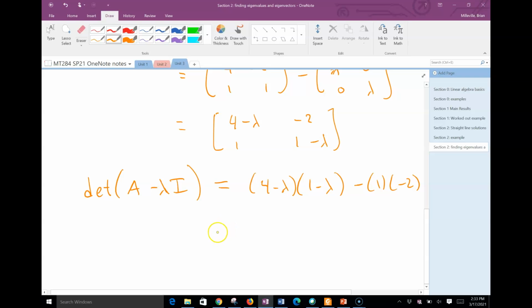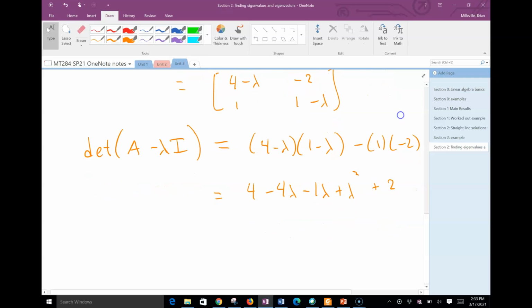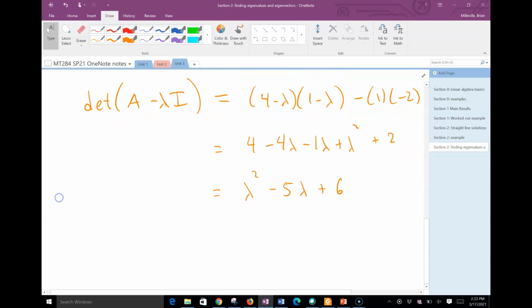Now, just multiply out this polynomial. We get 4 minus 4 lambda minus 1 lambda plus lambda squared, and then plus 2. Reordering that in descending order, we get lambda squared minus 5 lambda plus 6. Now what we're going to do is solve the equation that we get by setting that equal to 0.